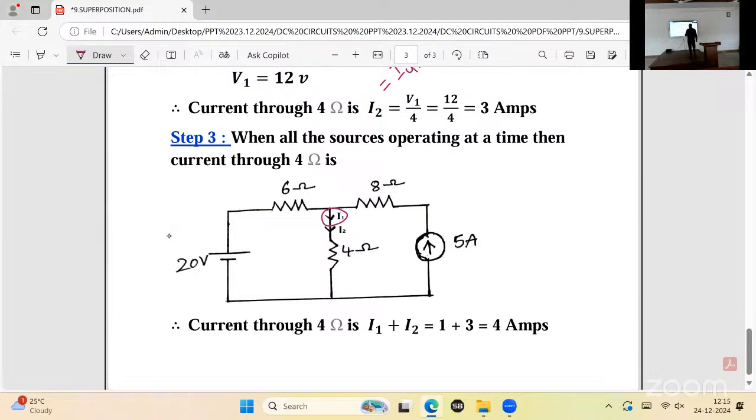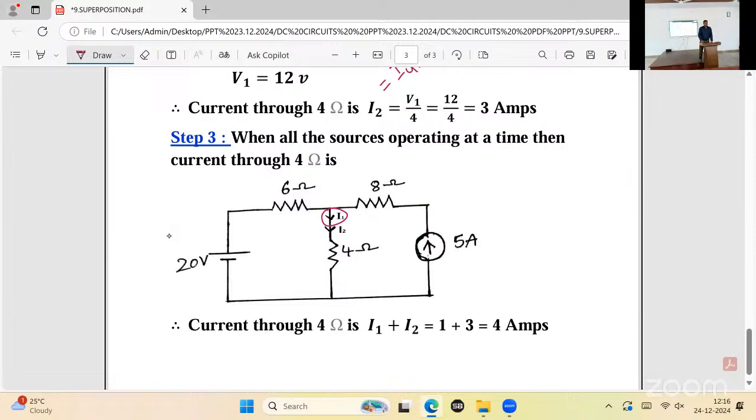What is the other name for I1? I4 ohm. We have given the name. It is in the downward direction. How did you get this downward direction? By seeing the step 1 diagram.